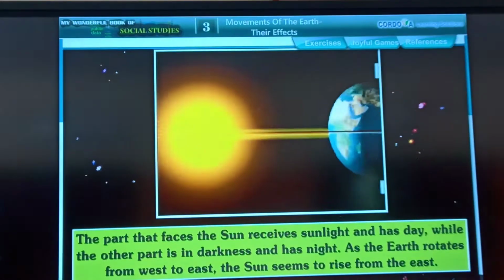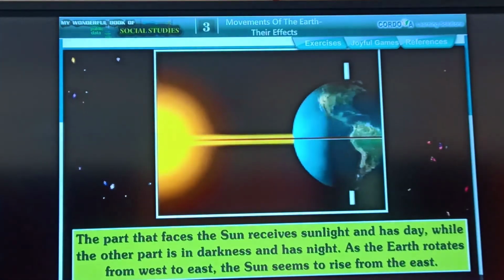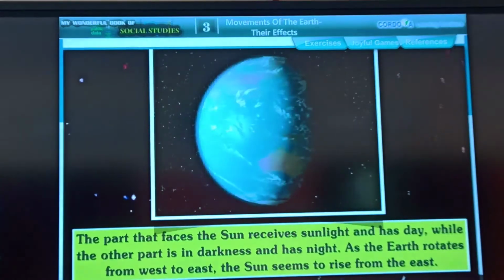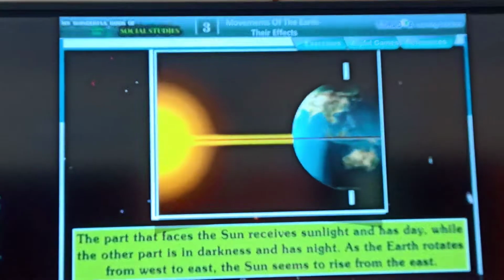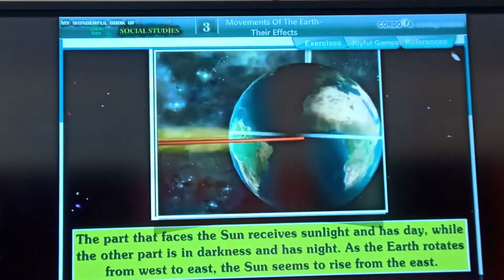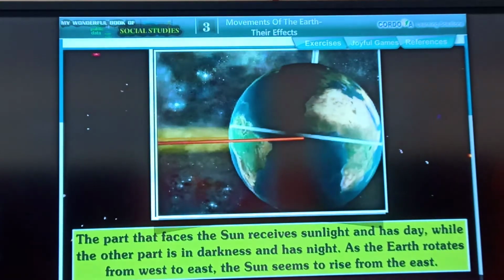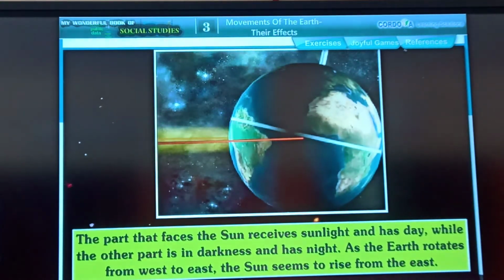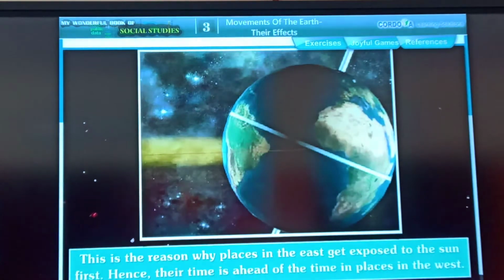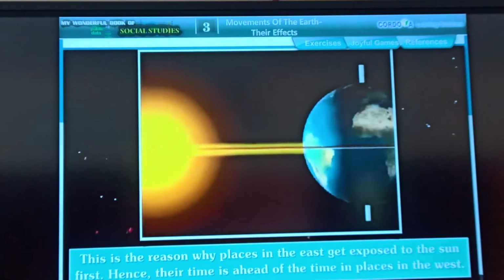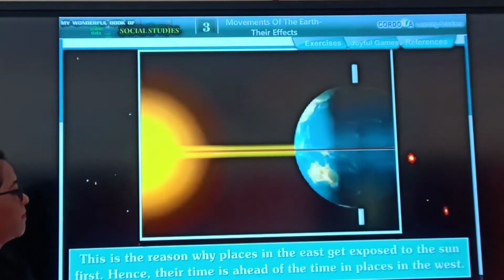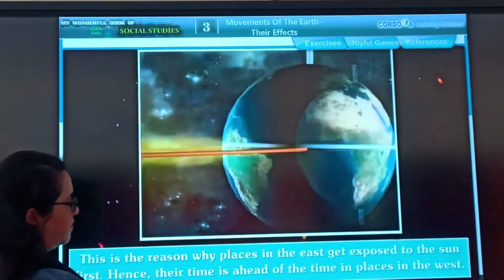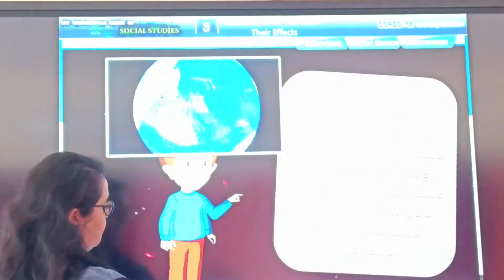The part that faces the sun receives sunlight and has day, while the other part is in darkness and has night. As the earth rotates from west to east, the sun seems to rise from the east. This is the reason why places in the east get exposed to the sun first. Hence, their time is ahead of the time in places in the west.